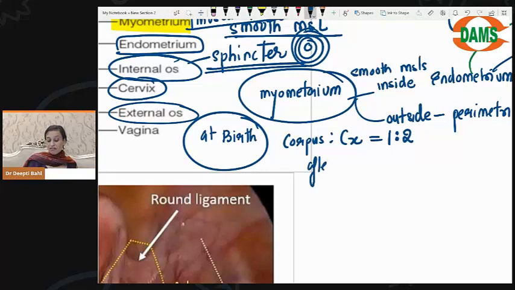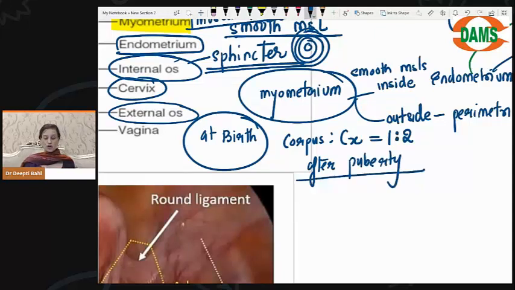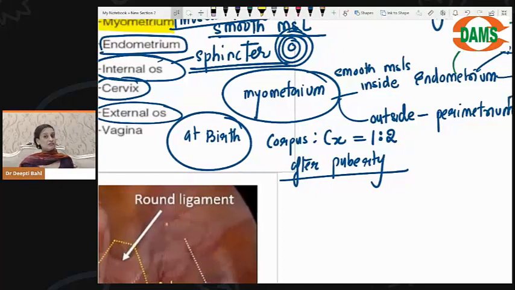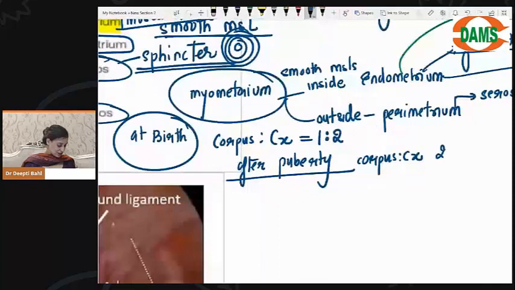So after puberty, immediately after puberty, because of all the hormonal changes happening, this ratio is going to reverse. So now the ratio of corpus to cervix is going to be 2:1, right? So now the ratio is going to reverse, right? So in the pre-pubertal time, it is 1:2.